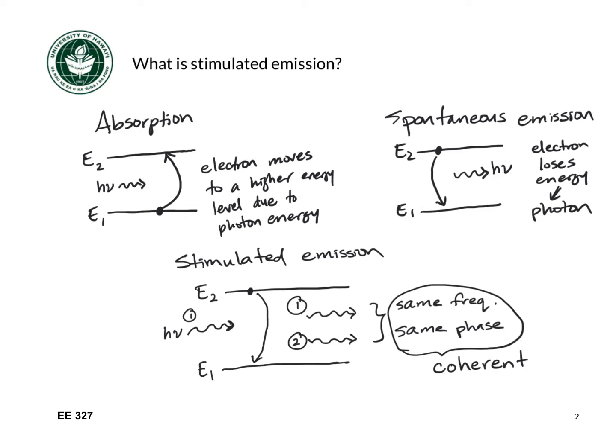You also see that we're getting amplification in this process. I had one photon coming in, and I have two photons going out. So I increased the number of photons through this stimulated emission process. So this is the physical mechanism that's producing the light amplification in a laser.